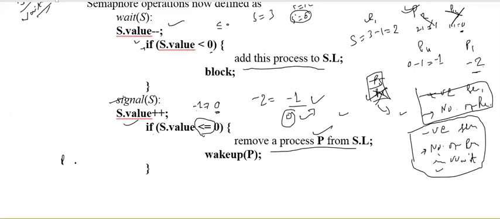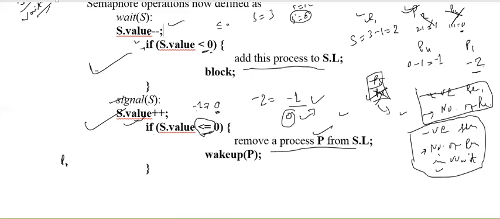Suppose another process, P1, has released its resource. It will be straight away added to the semaphore without giving anything to any process, because no process has arrived yet. So that is the overall working of s dot value and semaphore. I hope you got why it is less than or equal to and why it is only less than. So that is how it works without continuously using the spin lock.